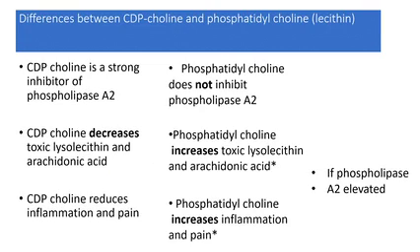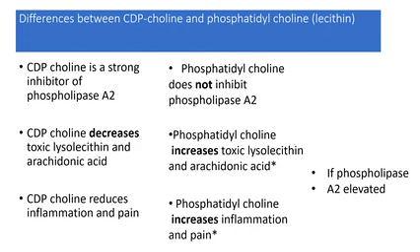CDP choline decreases toxic lysolecithin and arachidonic acid, these 2 toxic detergents of PLA2. Phosphatidylcholine increases toxic lysolecithin and arachidonic acid if phospholipase A2 is there, because that's what it does. It breaks down phosphatidylcholine and produces toxic detergents.